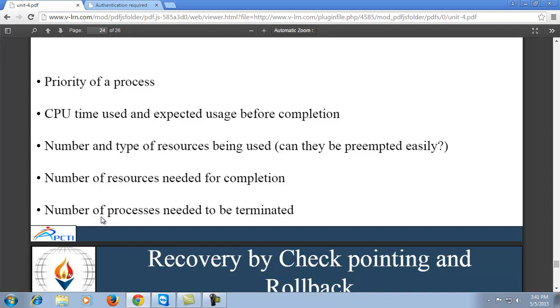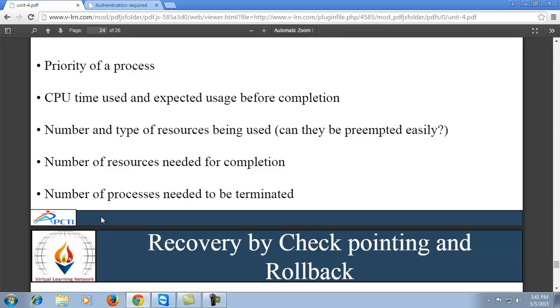Next is the number of processes that need to be terminated to prevent the system from entering into the deadlock situation or condition. Recovery by checkpointing and rollback.